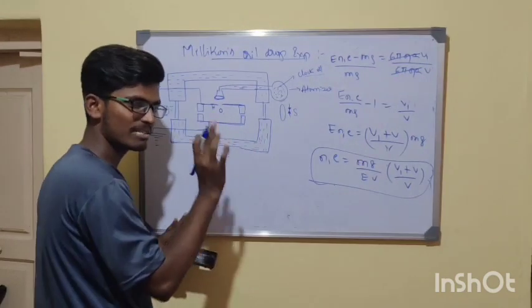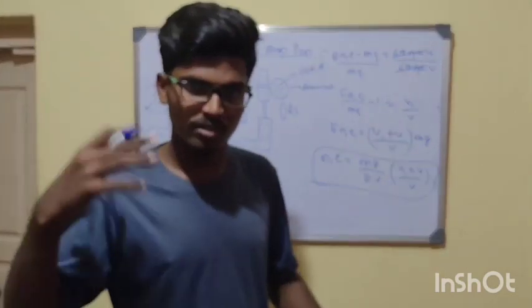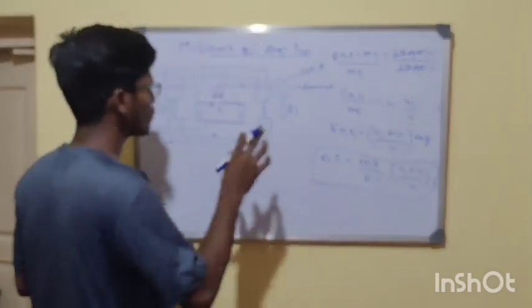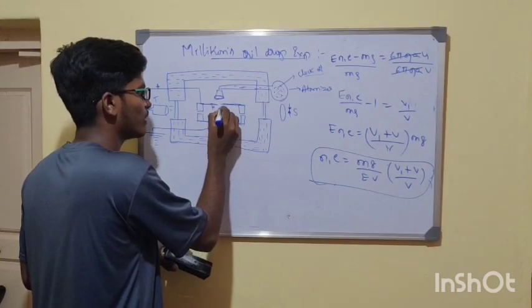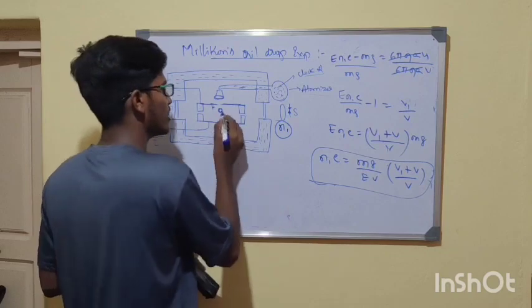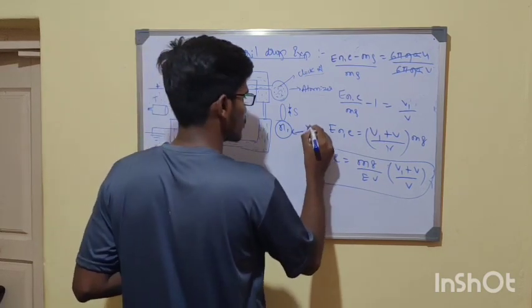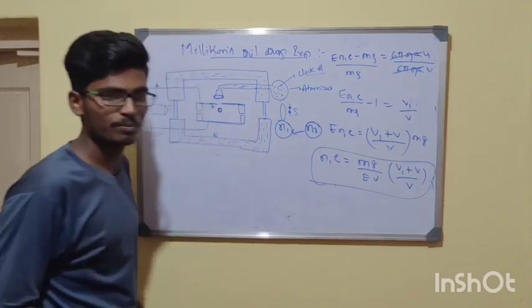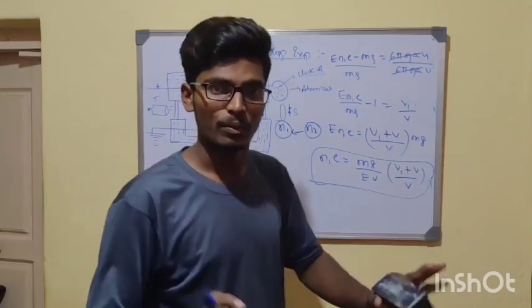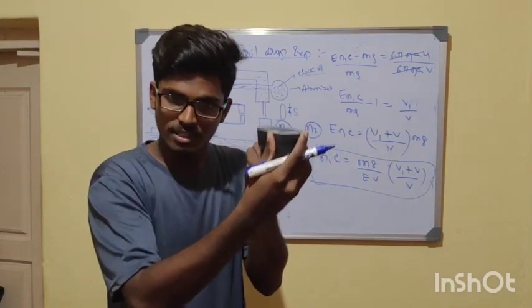When they undergo ionization, this oil droplet, which has some charges n1, gains some additional charges, and that is given by n2.